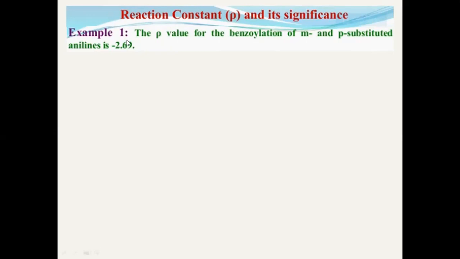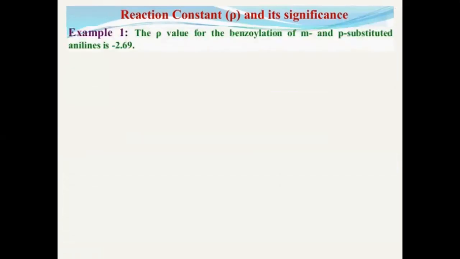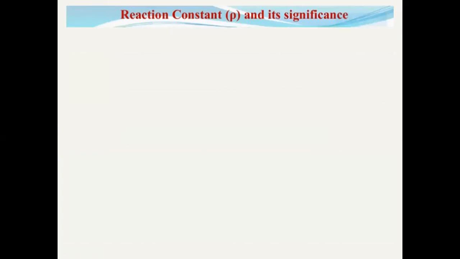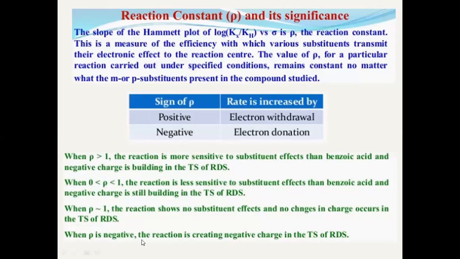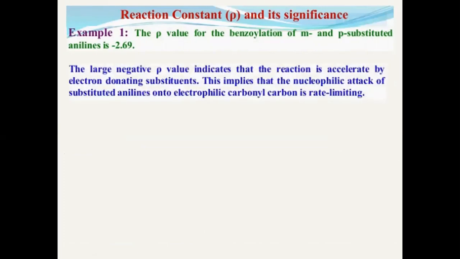What can we get from the data we have seen so far? The rho value is a negative value, for the benzylation reaction of meta and para substituted aniline. This is a large value, minus 2.69. It indicates that the reaction is accelerated by electron donating substituents.